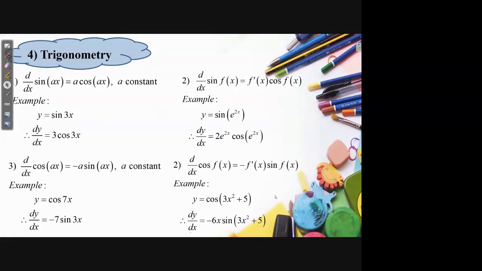When we have a constant a, differentiate sine ax is a cosine ax, and differentiate cosine ax is negative a sine ax. Differentiate a composite function, sine f x, equals f prime x multiplied by cosine f x. It's quite similar to what we have in a single function.